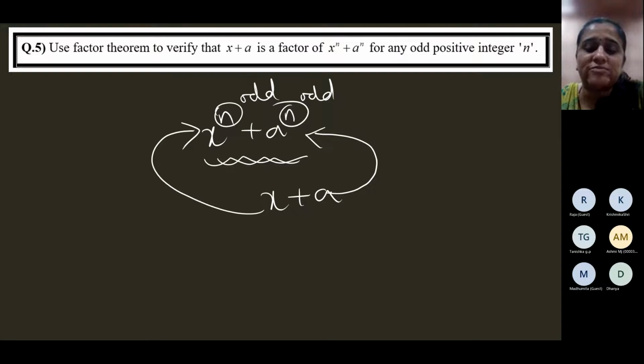To prove that, we simply have to use the factor theorem and show that the remainder is 0. Not using long division, we have a procedure, you know that. If using the theorem you're able to show that the remainder is 0, then x plus a is a factor of x to the power n plus a to the power n.